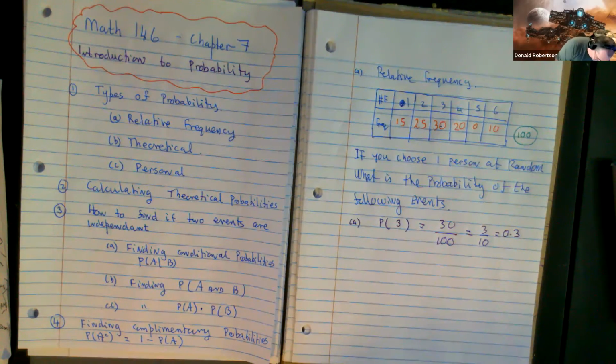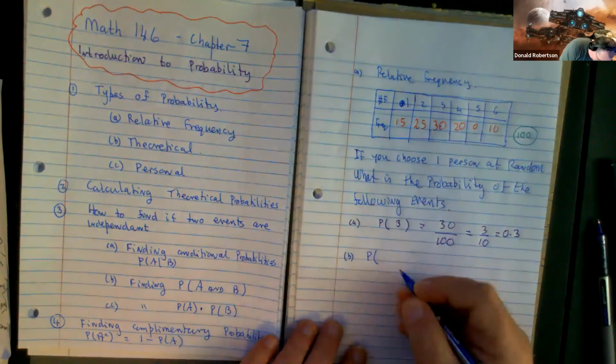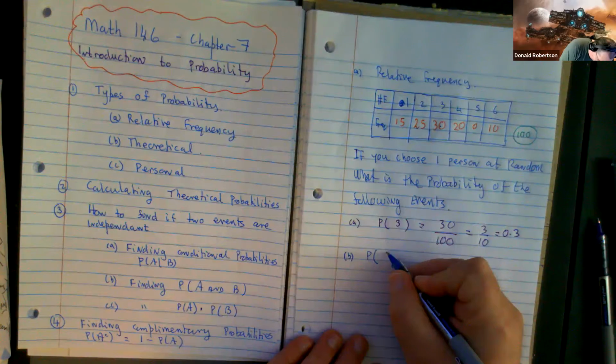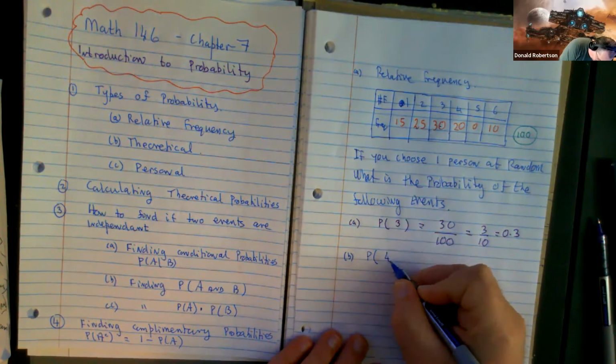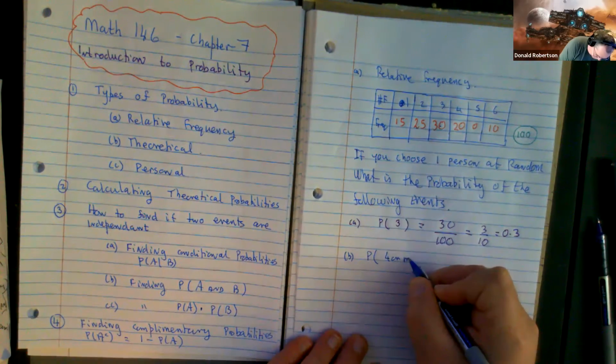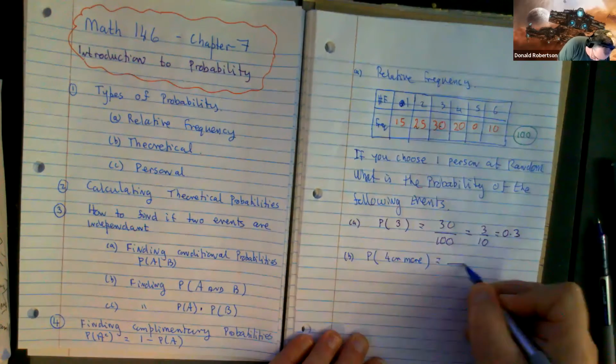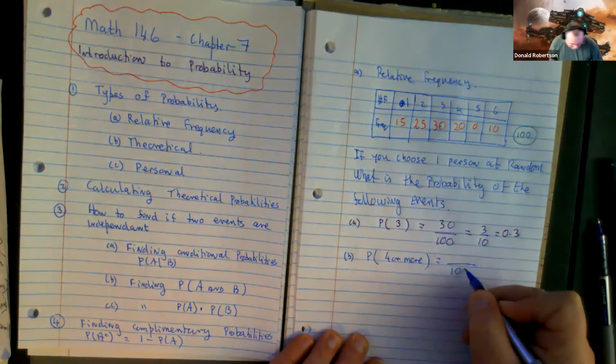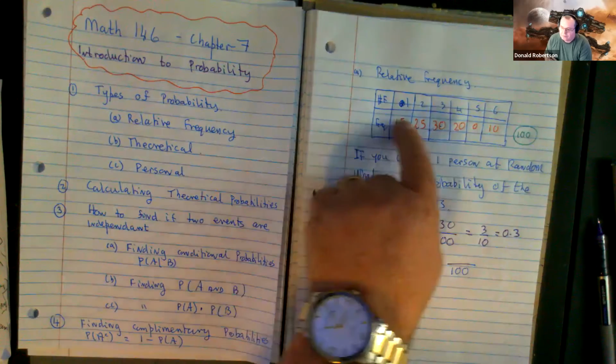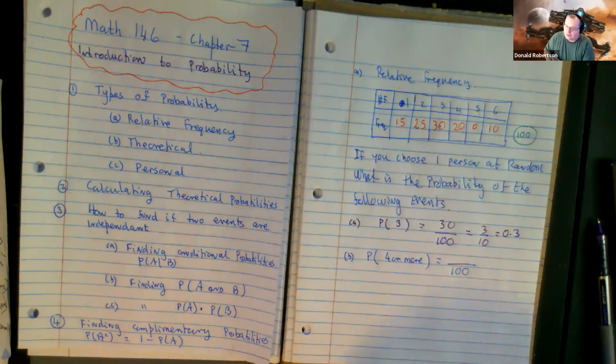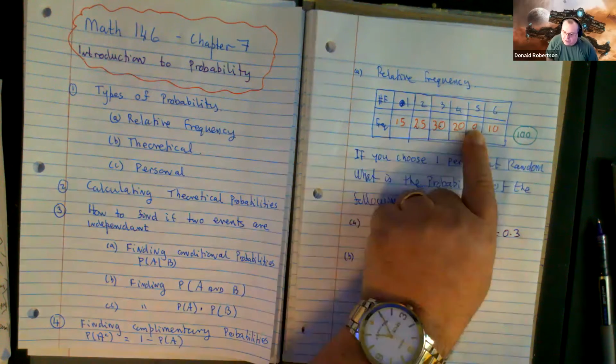You can also use it for questions like, what's the probability that you choose someone and they have 4 or more in the family? Well, the bottom number is 100. And don't you just count whoever it is that you're counting, right? So 4 or more would be those, and those.